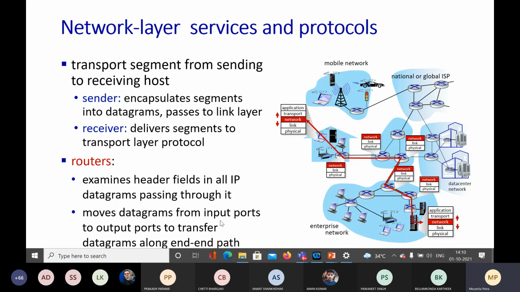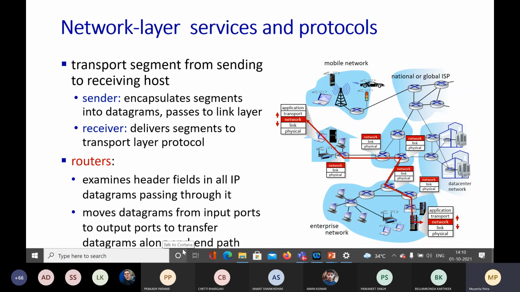Of course, when you get to know that an incoming packet has a particular IP address, then by doing some kind of calculations or by seeing some tables, the router will actually decide which output port it has to send the particular datagram to. So that is another task.